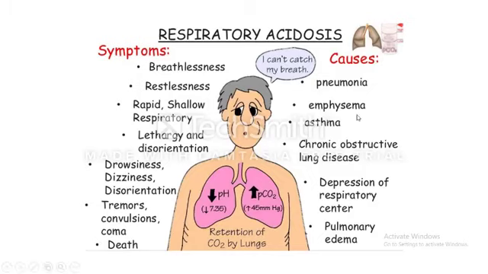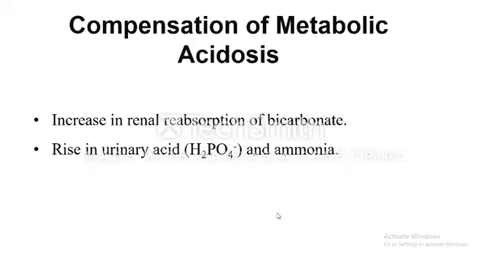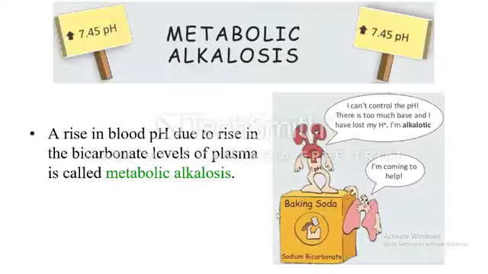The causes can be pneumonia, emphysema, asthma, chronic obstructive lung diseases, and depression of respiratory center or pulmonary edema. Now how it is compensated: increase in renal reabsorption of bicarbonates, or rise in urinary acid and ammonia.